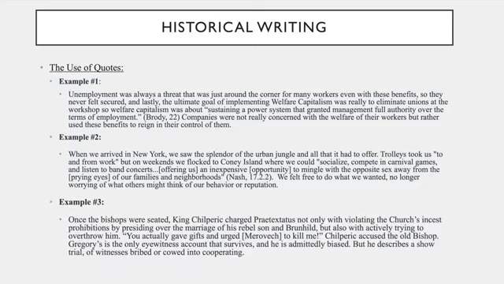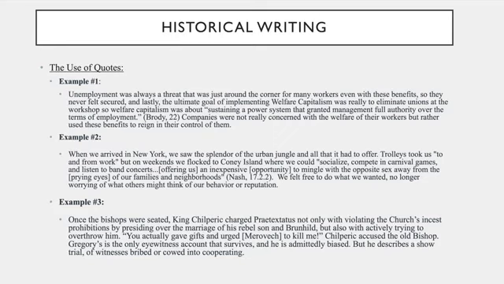And then the last example comes from the historian from that book that was on the previous page called The Dark Queens. She writes, once the bishops were seated, King Chilperic charged Praxiteles not only with violating the church's incest prohibitions by presiding over the marriage of his rebel son and Brunhild, but also with actively trying to overthrow him.